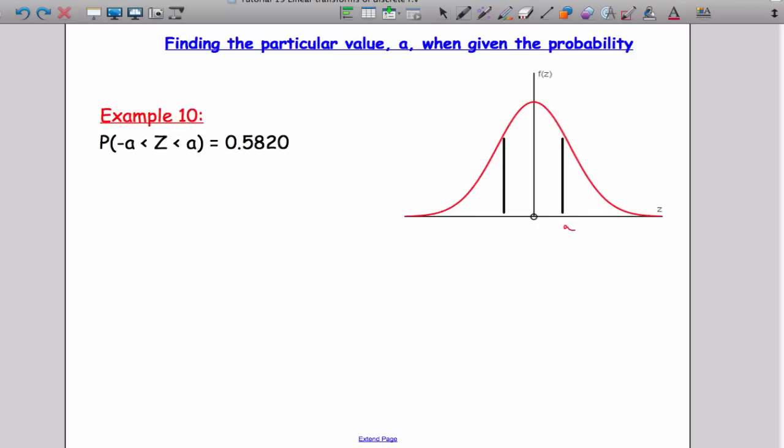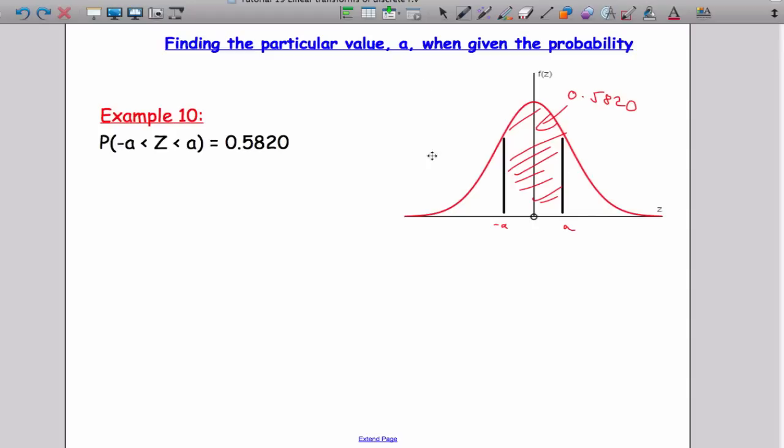So let's call that A, call that minus A there. And I know that the area trapped between these two lines is 0.5820.